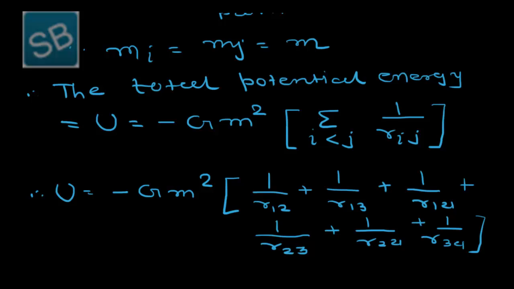And now we can find out the values of 1 over r12 and r13 respectively. Therefore, U is equal to minus G m square into the bracket. Now r12 is L, so 1 over L plus r13. Here they are vertically opposite to each other, so I have to use the triangle law for vector addition.